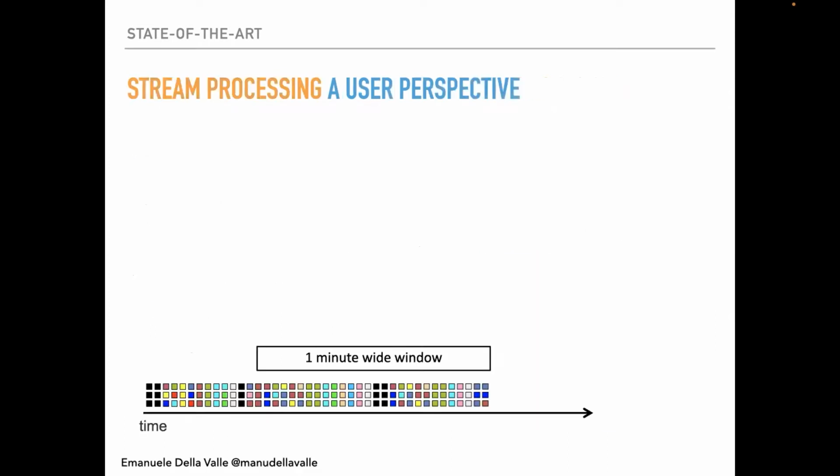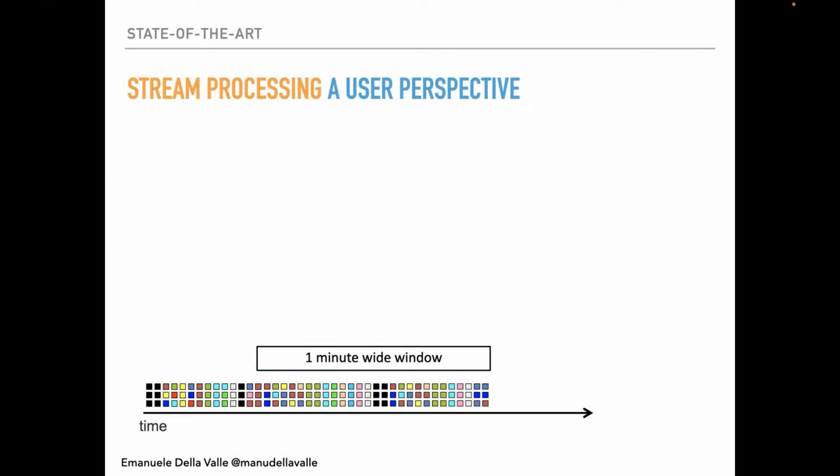Just to bring you into this world as fast as we can, imagine that this set of boxes down to the bottom of this image are data points that arrive to your system, and the more they are to the right, the older they are, and the more they are to the left, the newer they are.